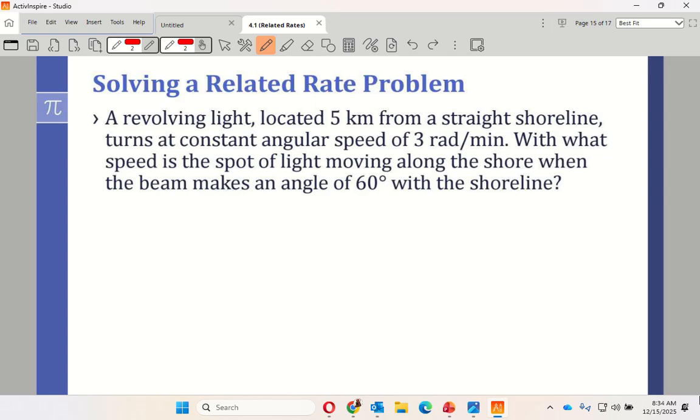All right. What's the first thing we talk about all the time when I say to be able to start entering this? What should I start with? Draw it. Let's draw this. So, start with my shoreline. And then we have my lighthouse.